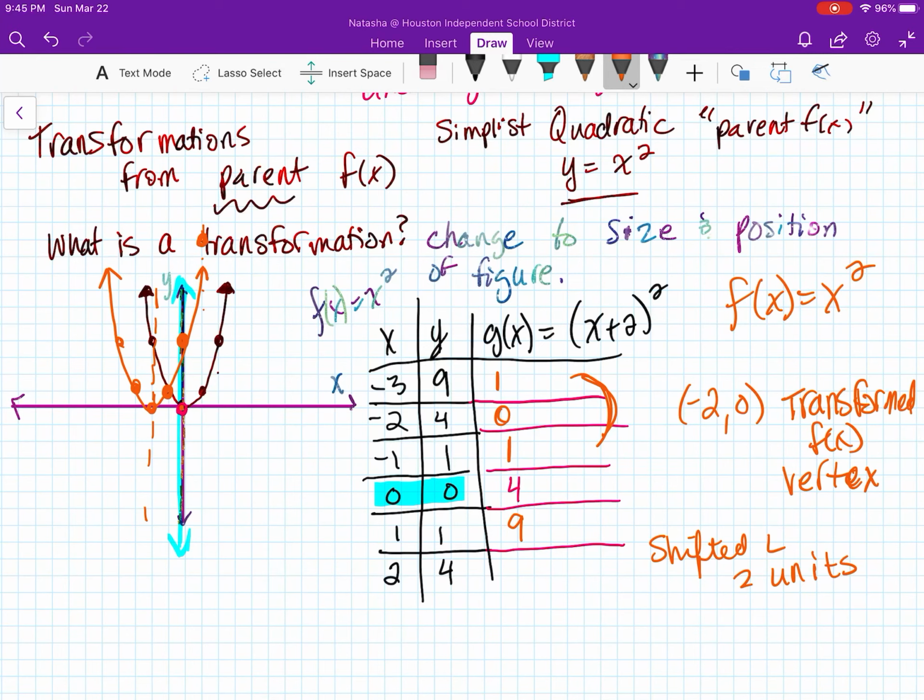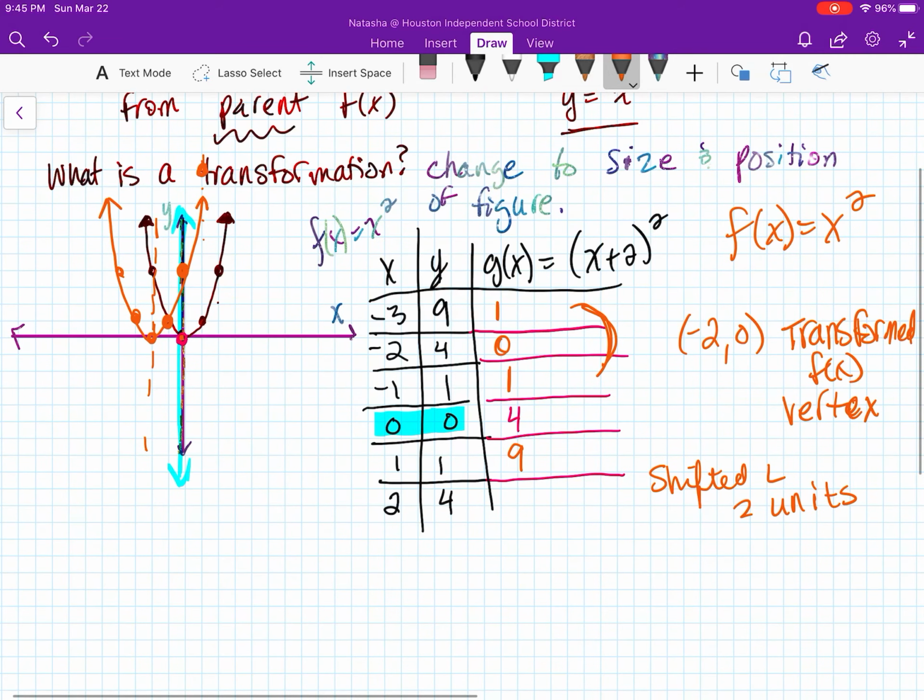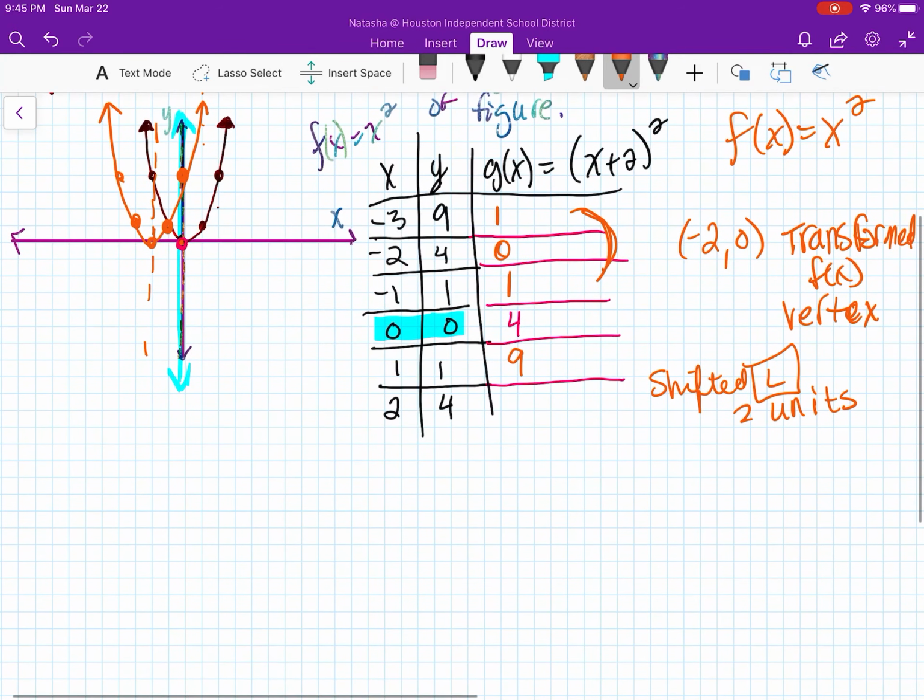We took those x values, went inside the parentheses, and then we added something to that value in order to get that new y value. Remember, the x value is our input and our y value is our output. All we're doing is plugging it in. So it shifted to the left 2 units, not 3.